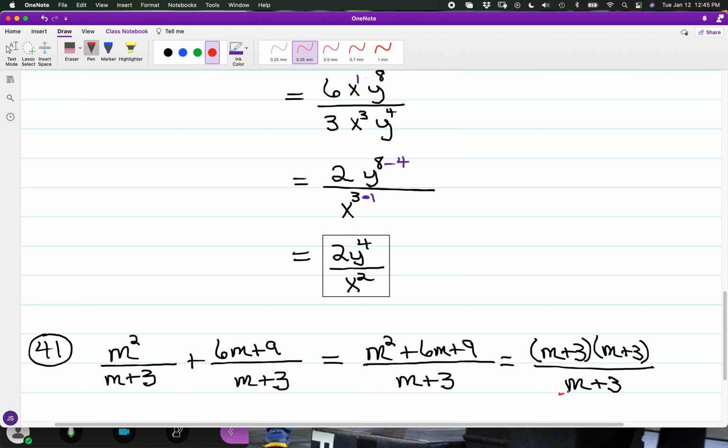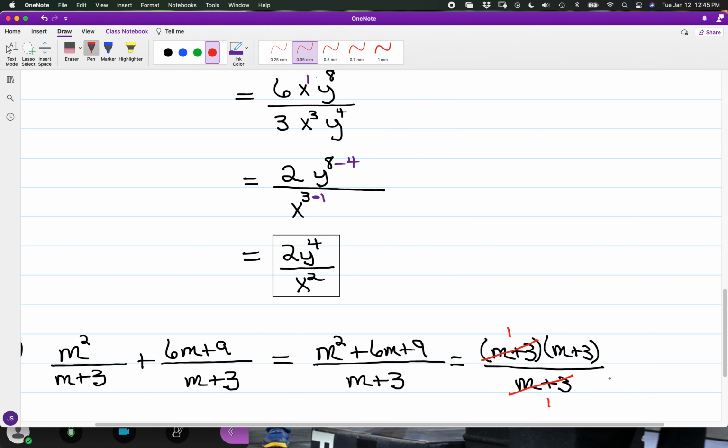And so we have m plus 3 common to both the numerator and denominator. For the sum, the reduced form outcome is going to be the binomial m plus 3.